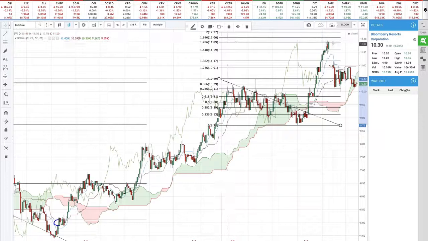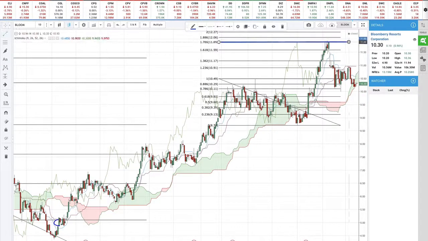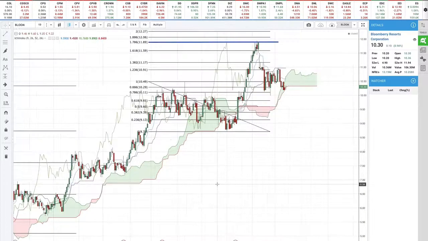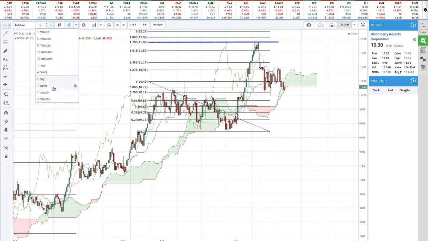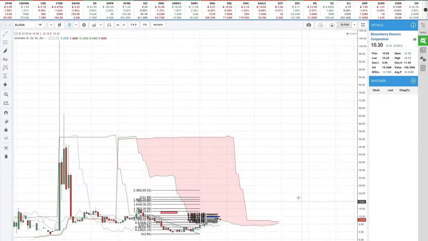Ito, ang untog niya ay nasa 1786 extension ng Fibonacci on a shorter time frame. Now again, ano ulit yung significance nitong 12 peso area? Binanggit natin kanina, this is the monthly resistance.